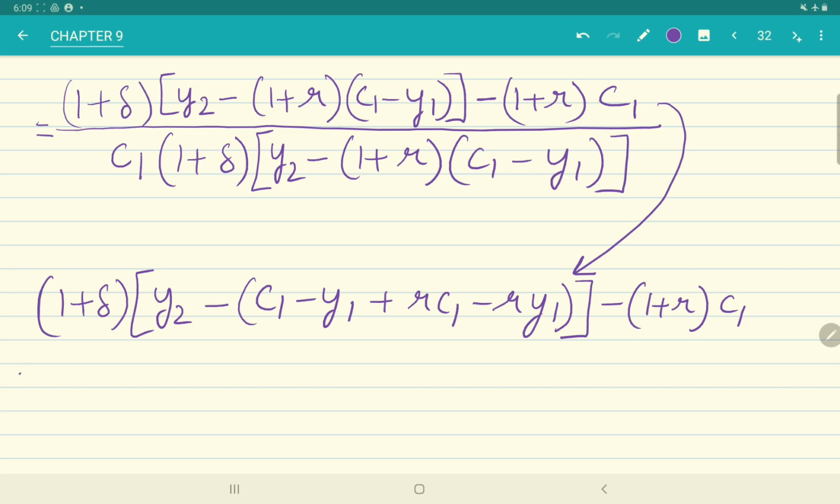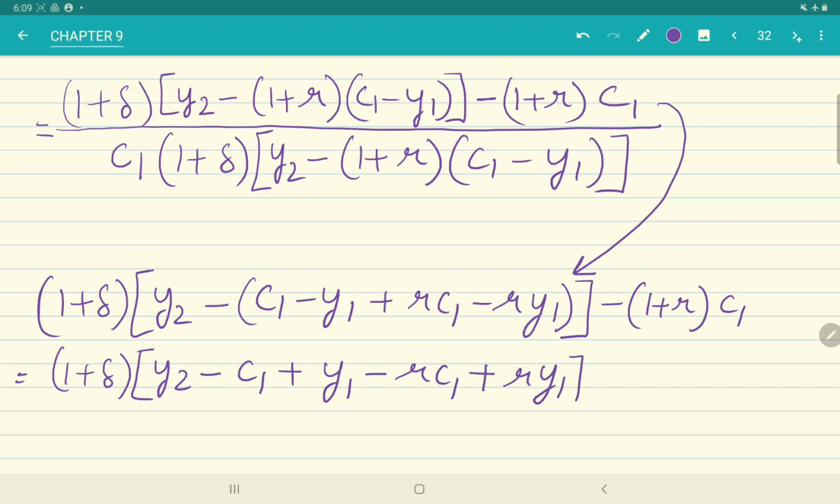This can then be written as 1 plus delta times y2 minus c1 plus y1 minus rc1 plus ry1 minus (1 plus r) c1.